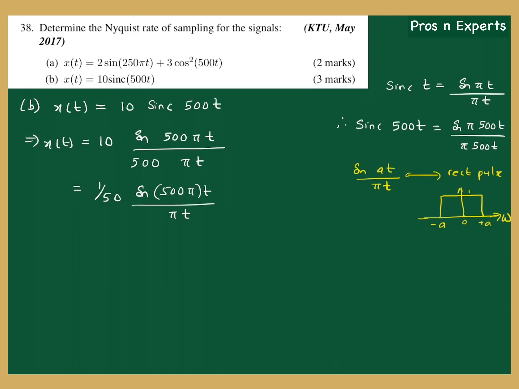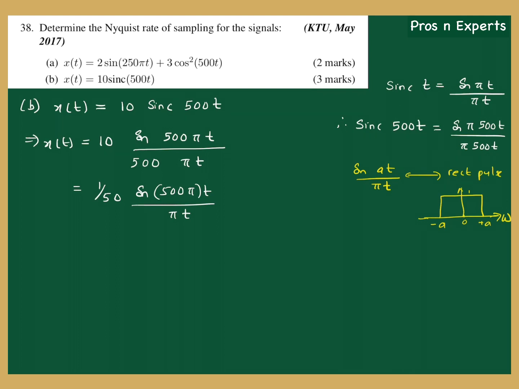I can repeat: sine at by pi t is a sinc signal. If it is given to you in the time domain, then its frequency domain will be a rectangular pulse, and the speciality of that pulse is that it is non-zero only from minus a to plus a. Here a is the coefficient of t. Most importantly, remember this is in the omega domain, not in the f domain. This is in radians per second, not in hertz.